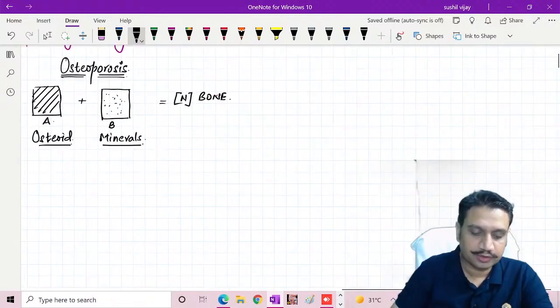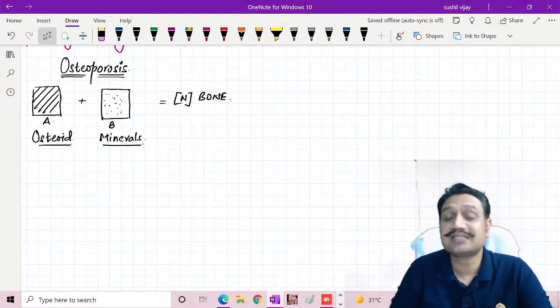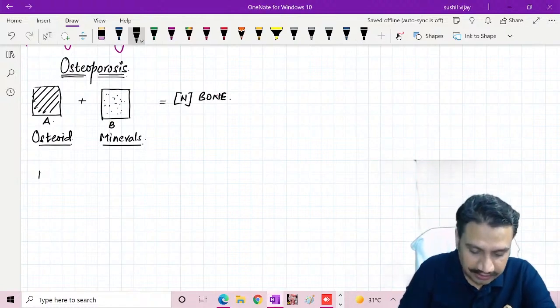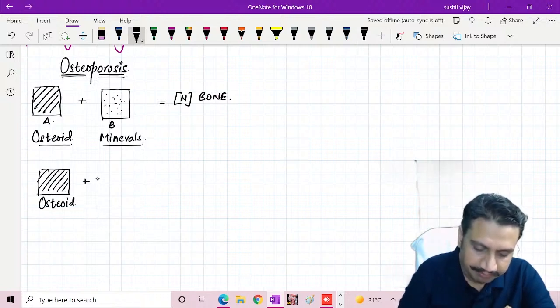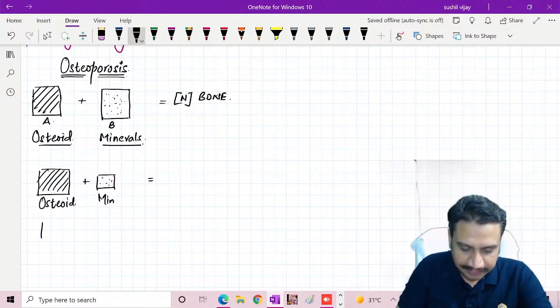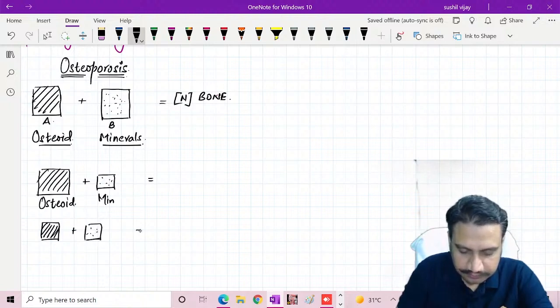Now here in this osteoporotic bone, there are 2 possibilities. Now understand this. One possibility may be that the size of osteoid remains the same, but the mineralization is less. There is a decrease in mineralization, right? Second possibility is that the osteoid is also reduced and the mineral is also reduced, right?